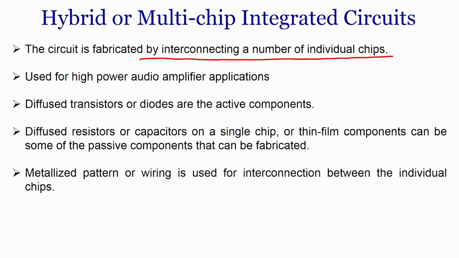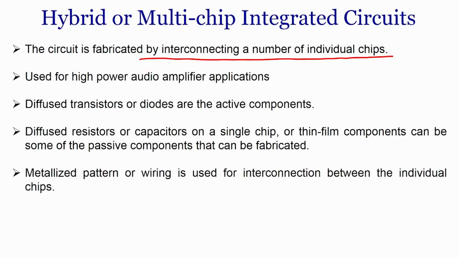You see, remember these points, okay? It is very important, because suddenly if somebody asks you what is the advantage of hybrid or multi-chip integrated circuits over monolithic, over thin film and thick film IC technology, you can quickly say the first advantage is interconnecting a number of individual chips. The second advantage is high power audio amplifier application, right. The third advantage is you can use diffused transistors or diodes as the active components.